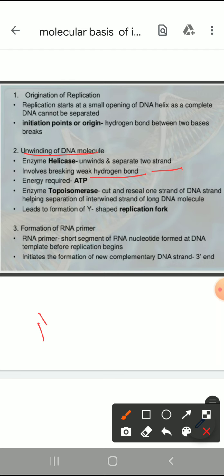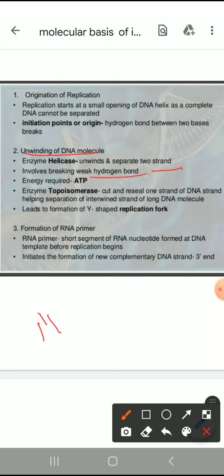Okay, get it? Then the enzyme topoisomerase cuts and reseals one strand of DNA, helping in separation of the intertwined strands of a long DNA molecule. Okay, and it leads to the formation of a Y-shaped replication fork.